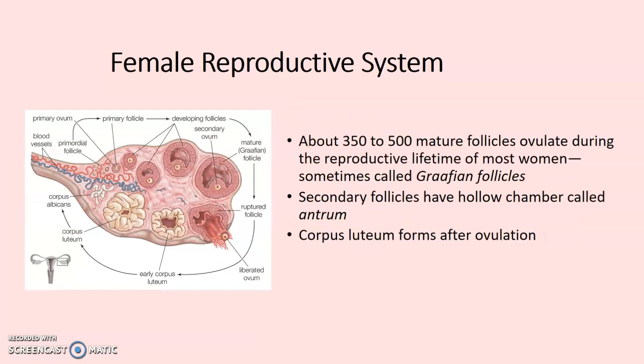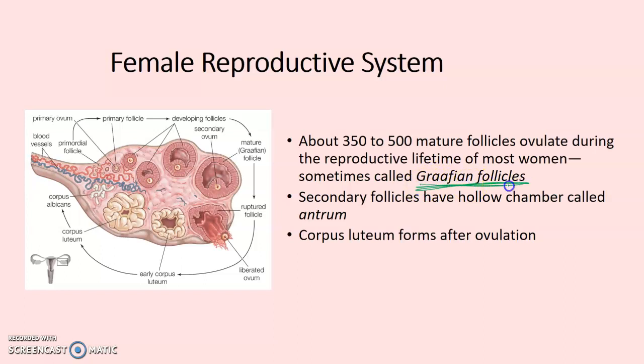And so by the time we are adult women, we have about 350 to 500 mature follicles in each ovary. Now, not all of those follicles are going to develop, and those are the Graafian follicles.